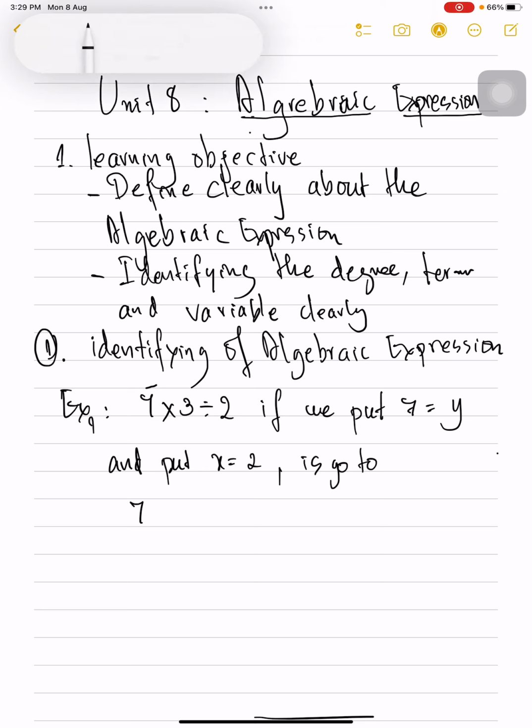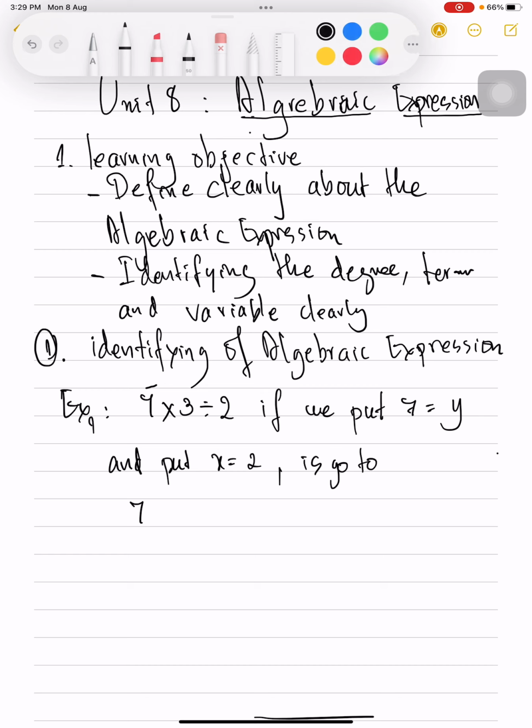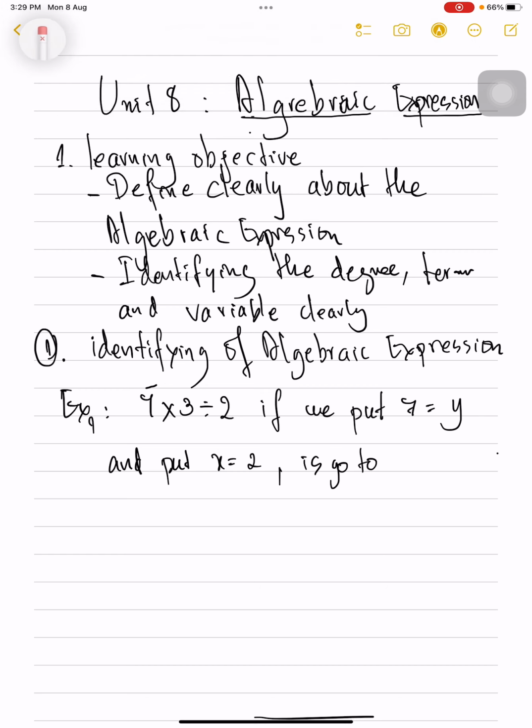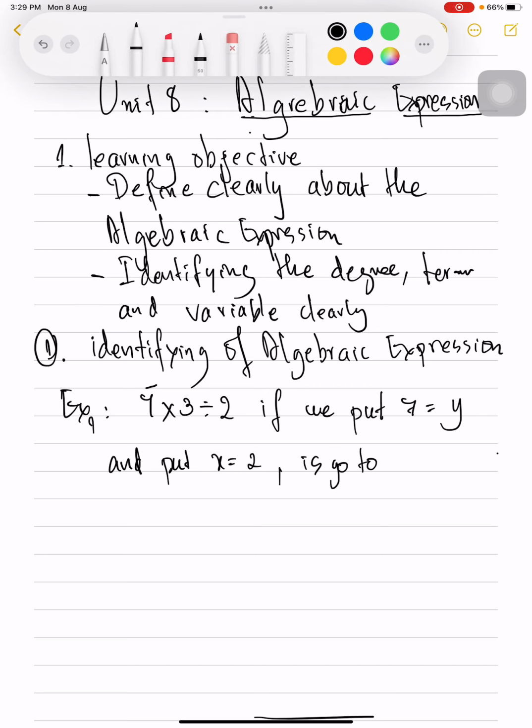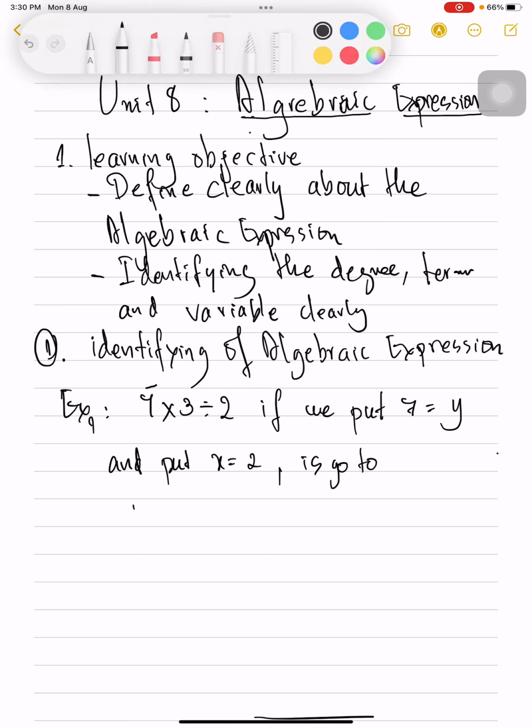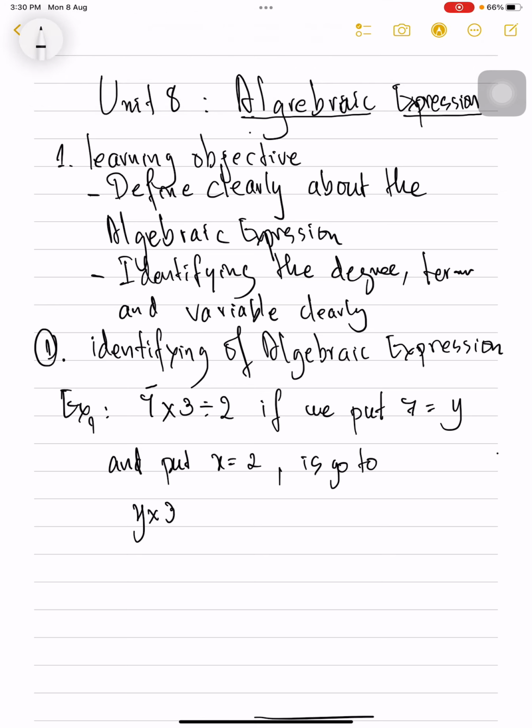So this expression is going to be like this: y multiply 3 plus x, or 3y plus x. This is what we call the algebraic expression.